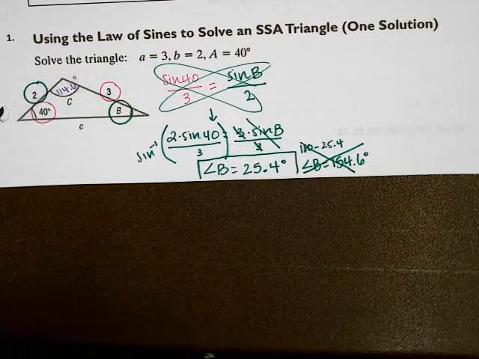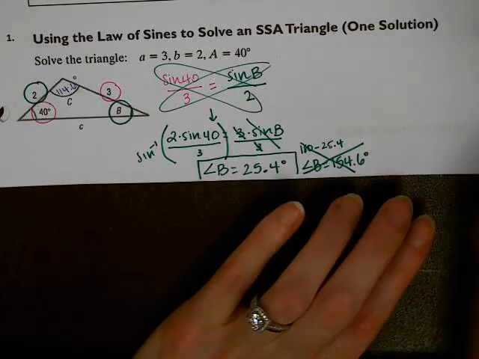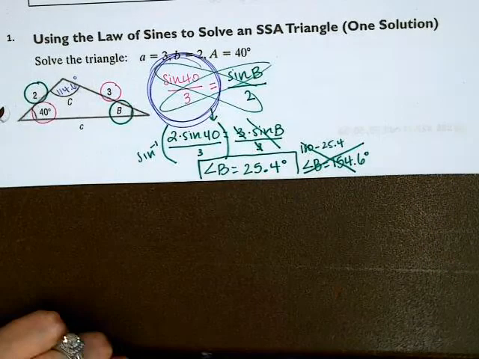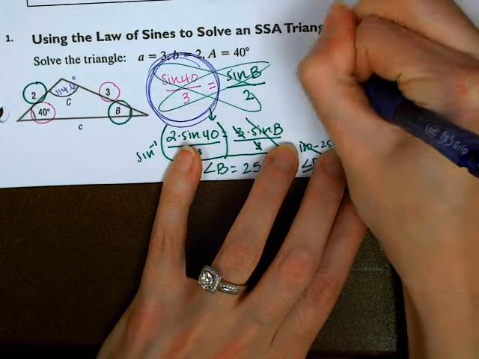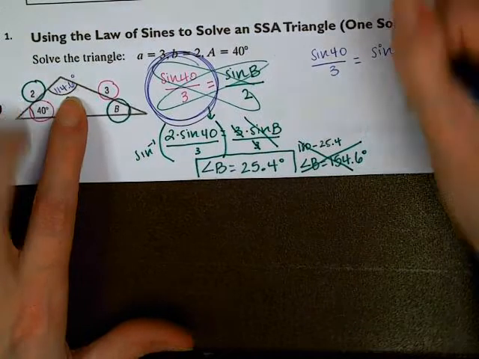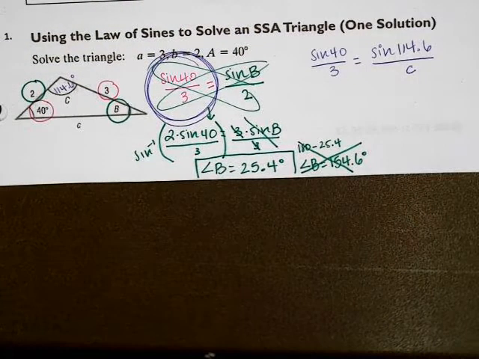And now all that's left is side C. So let's set that up. We'll do law of sines again. I'm going to stick with the original ratio that we were given: sine of 40 over 3, and now I'm going to throw in my c's: sine of 114.6 over side c.